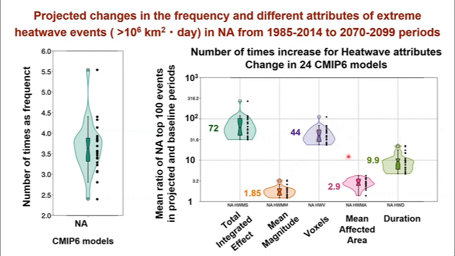If you further separate that, more of the contribution is actually from the duration compared to the mean area, although from the historical data of ERA5, we found that area is somewhat more important than duration in terms of historical change.